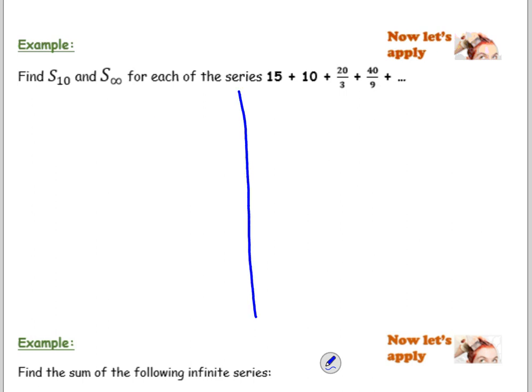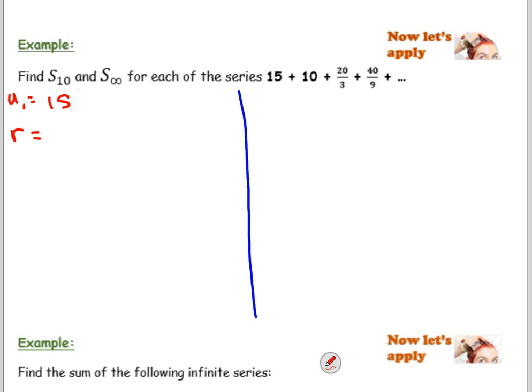S of 10, what's our u of 1? 15, yeah. Interestingly, what's our r? If it was arithmetic, then yeah, you would have had 5 here and 0. But it's actually geometric.